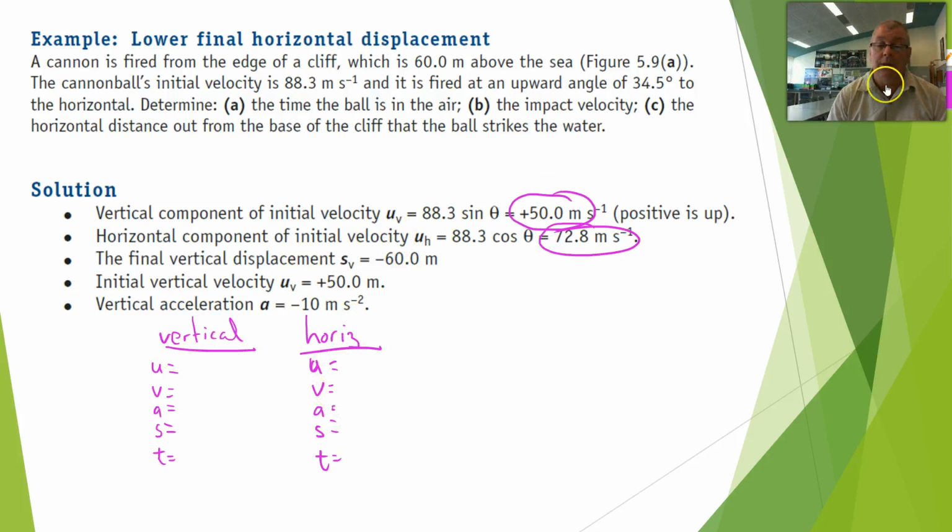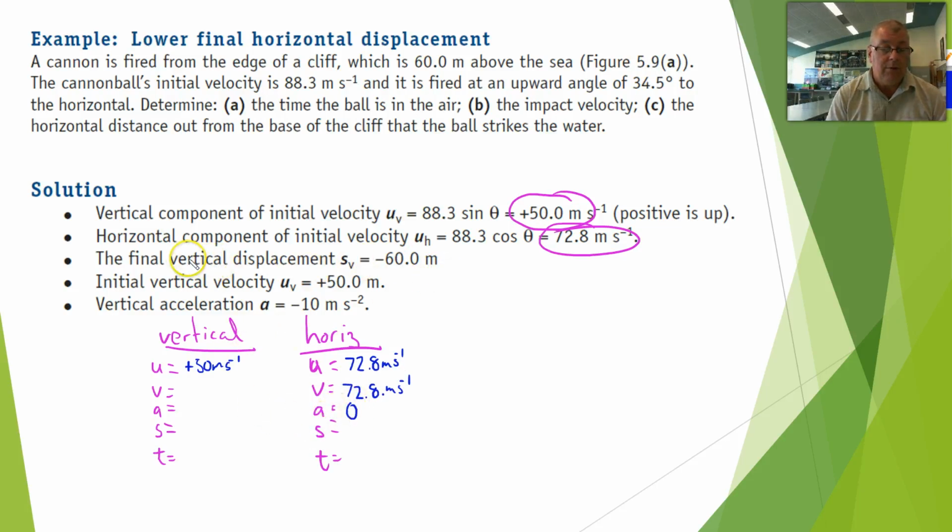And let's assign all these numbers, shall we? So what do we got? In terms of the vertical, we've got the initial vertical velocity is plus 50 meters per second to the minus 1. We have the initial horizontal velocity, which I think is 72.8 meters per second to the minus 1, and A is going to be 0.